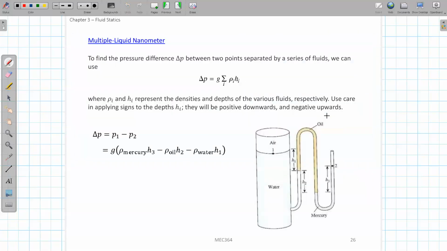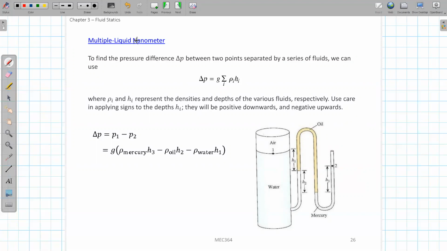Now let's go to another type of manometer, the multifluid manometer. In this case, you will have multiple fluids.